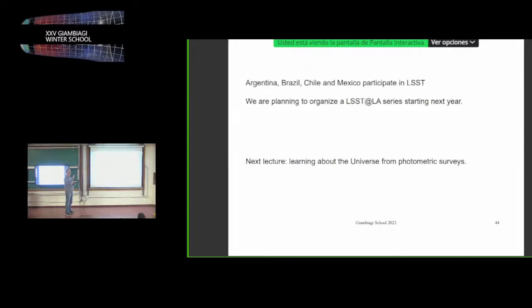And Mexico is also part of LSST. You know that? Now you know. So this is incredible, and we are planning to organize a series of LSST in Latin America workshops, maybe starting next year.